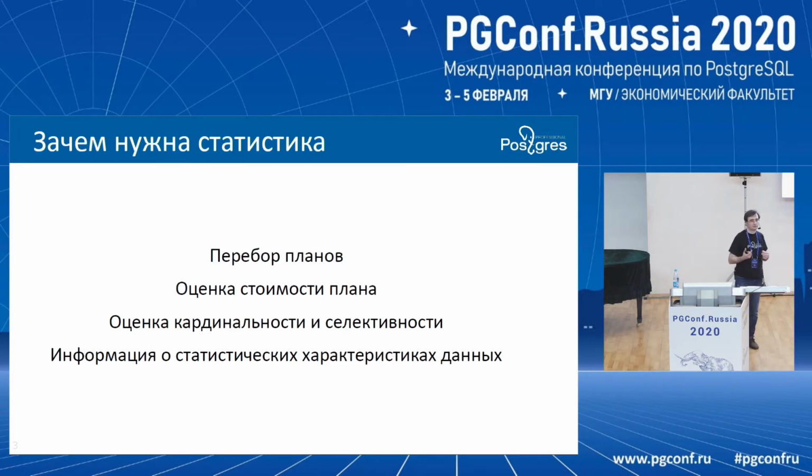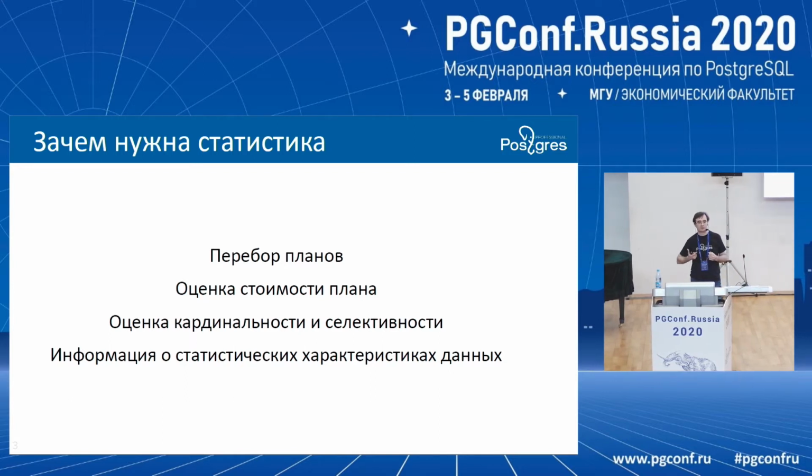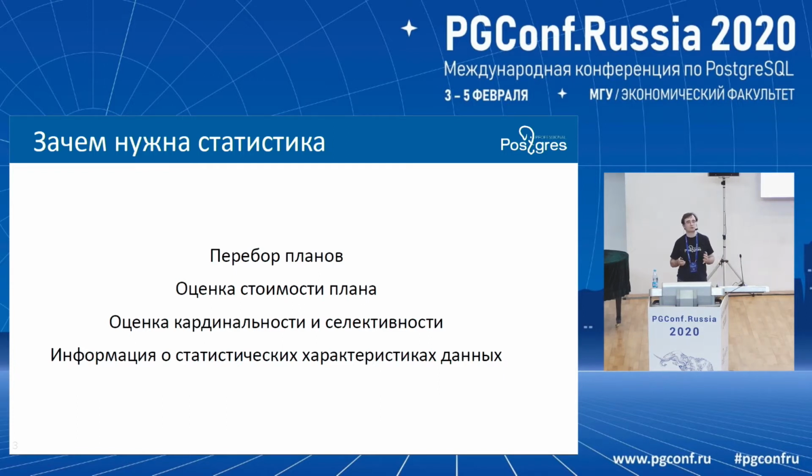Often we have different conditions applied to the columns of tables. Usually we first evaluate the selectivity of these conditions, determine which ratio of the rows satisfies them, and multiply it by the number of rows to get the cardinality.